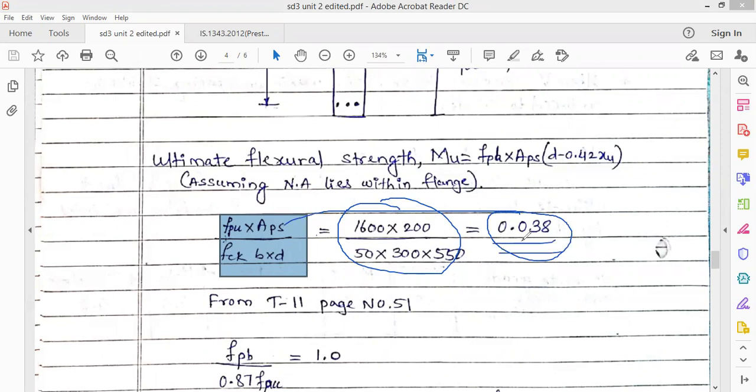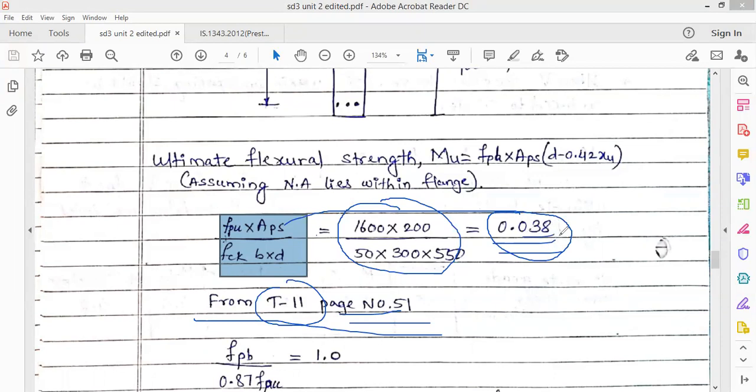I will search for this value 0.038 in IS 1343:2012, in Table number 11 on page number 51. So we'll go to that. Remember the value, it is 0.038. Calculate it with your calculator and obtain the value. If there is rounding off, round off the fourth digit to the previous decimal and write it.